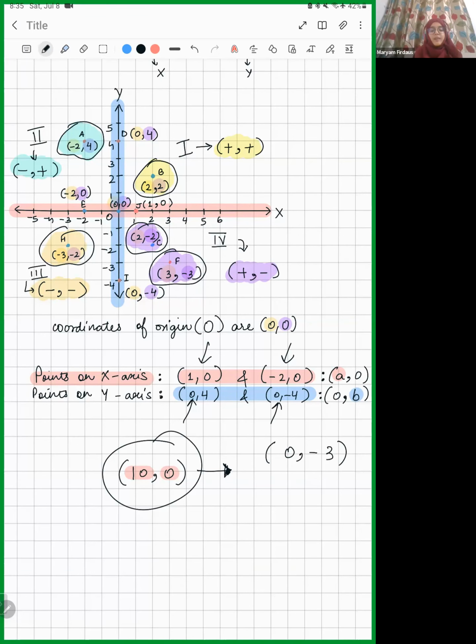It will lie on the y-axis. What have we written here? Points on the y-axis will be like 0 comma 4, 0 comma minus 4, 0 comma minus 3, all of these, or 0 comma 10, anything. So 0 comma something, that point will lie on the y-axis.